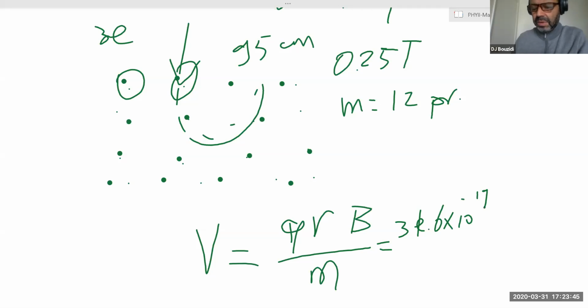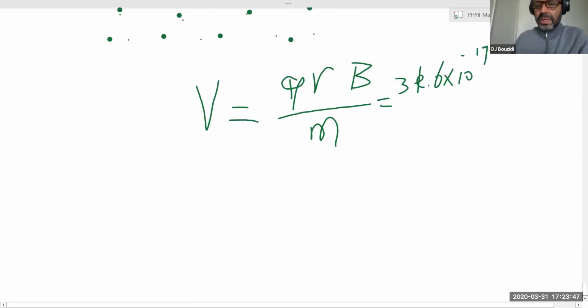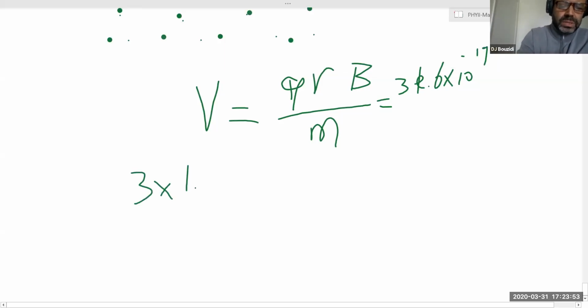I'm going to write it down, okay? I don't want to run out of space in there. Okay, so let's write these numbers in here together. So 3 times 1.6 times 10 to the negative 19.